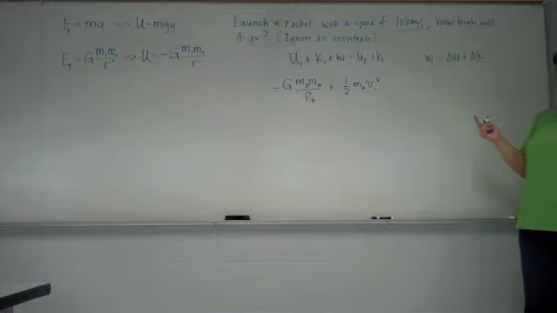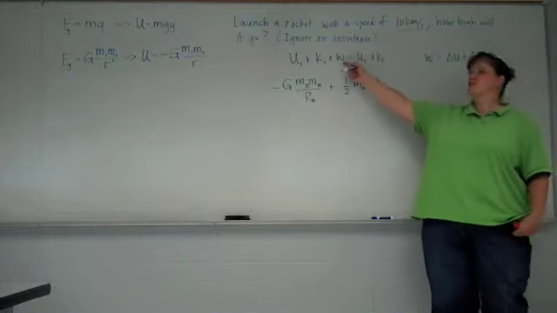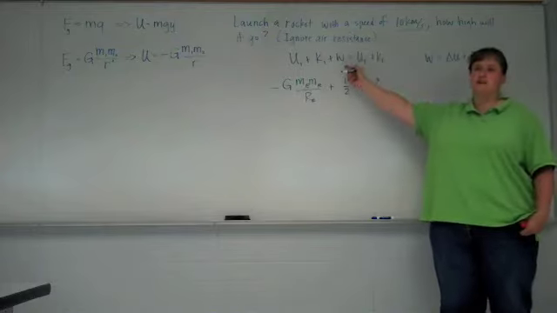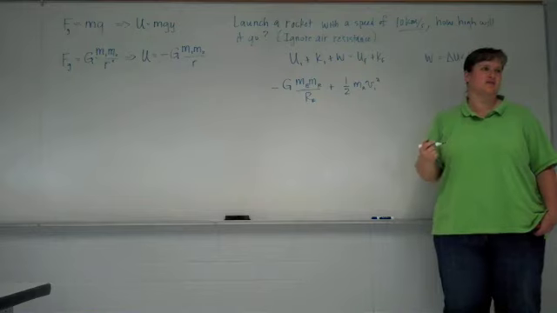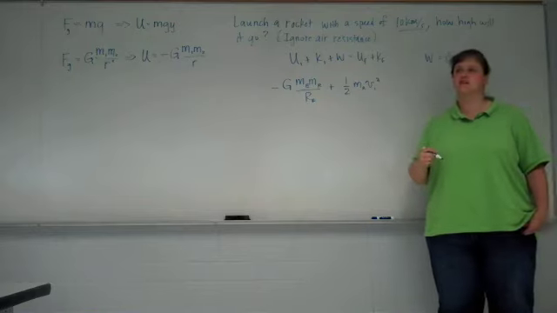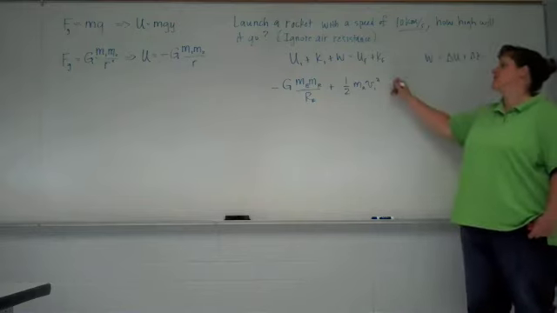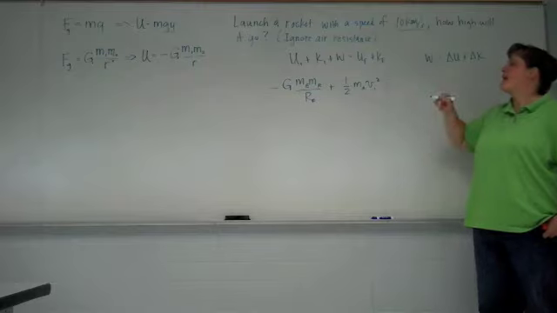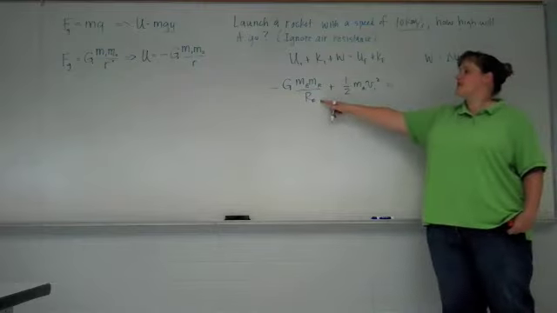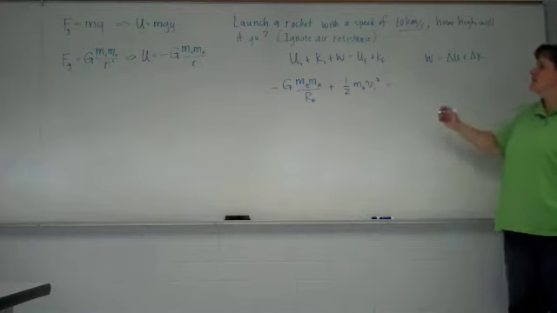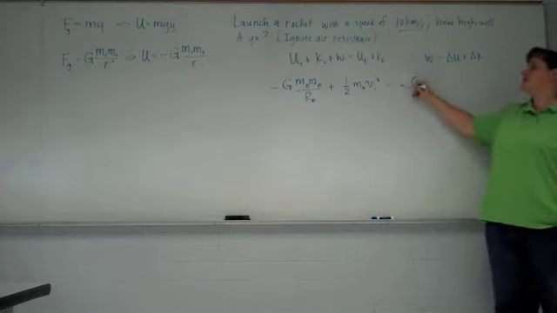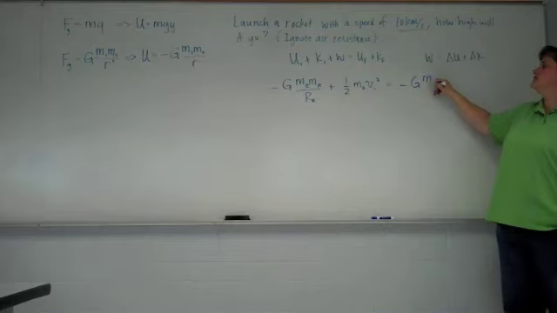We're ignoring air resistance, so we don't need to worry about this work term. If we wanted to include air resistance, we would need to know an average value of the force as it was applied through the atmosphere. So the initial potential energy plus the initial kinetic energy, finally there's still going to be potential energy as well.